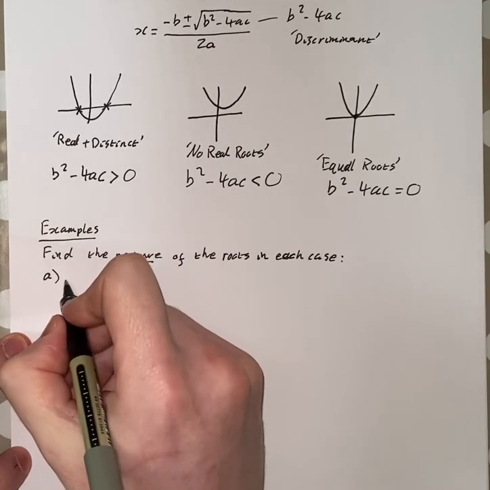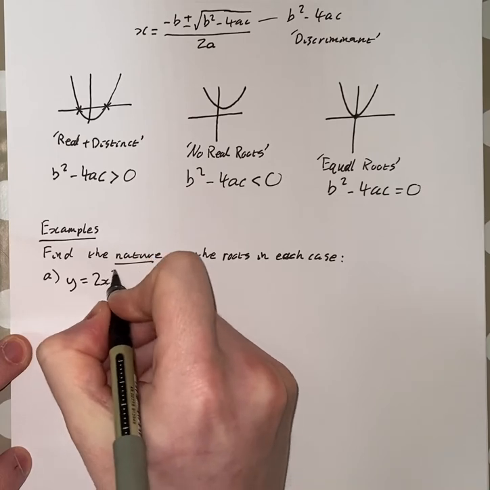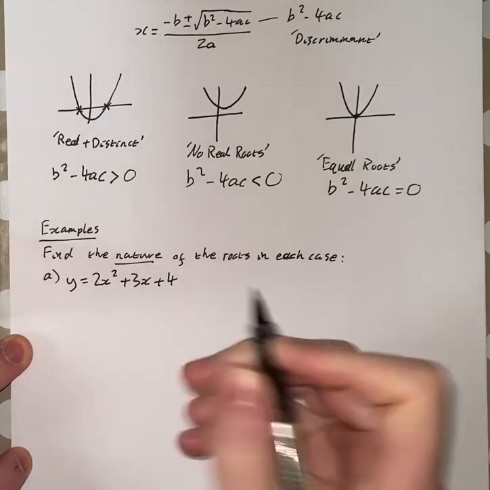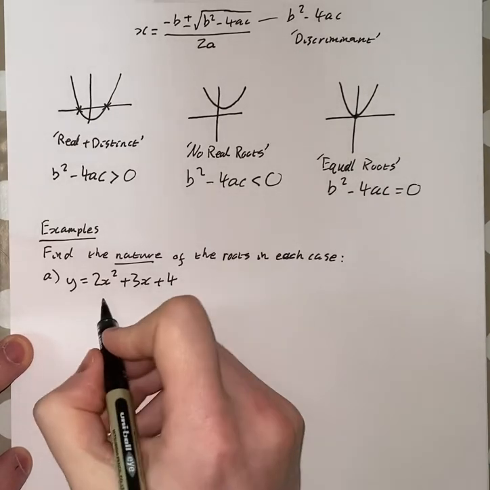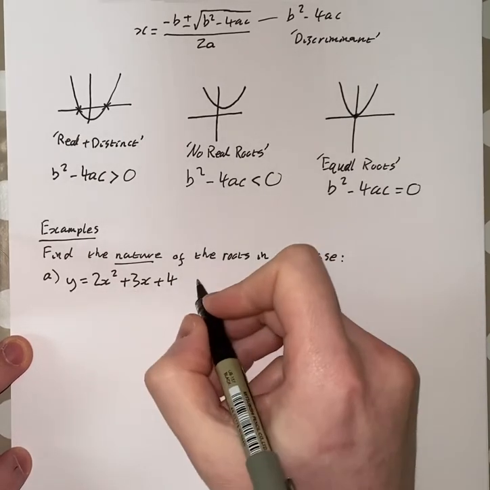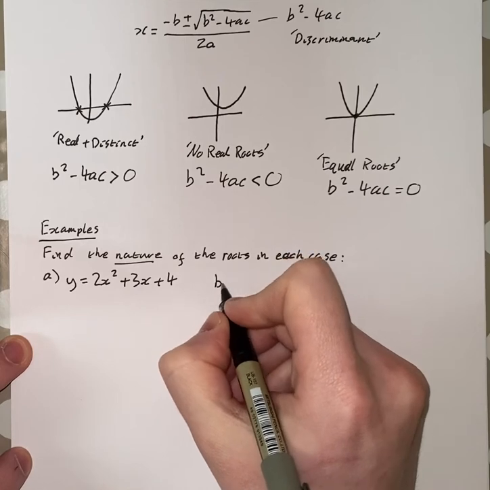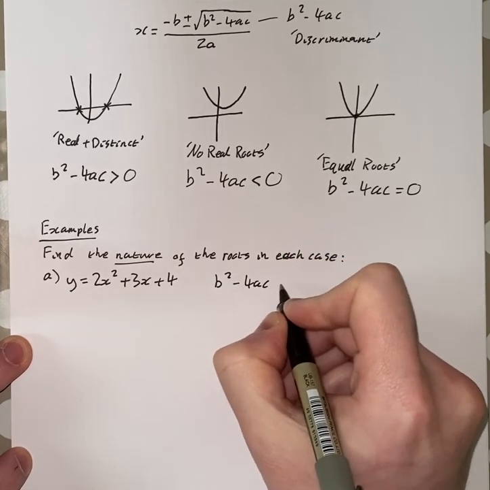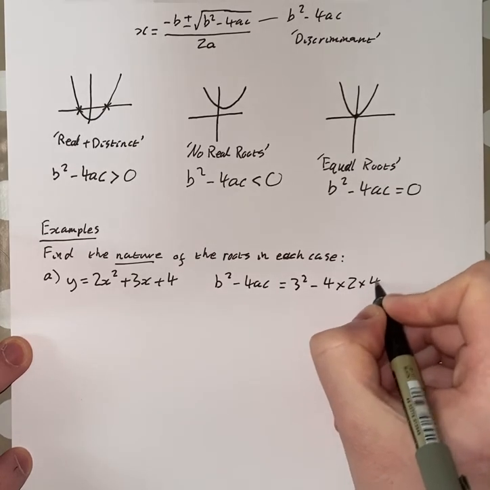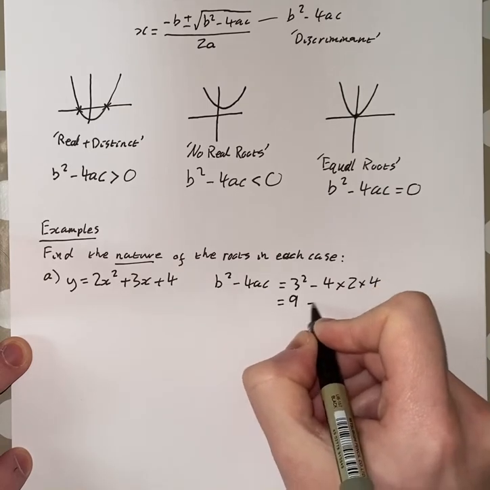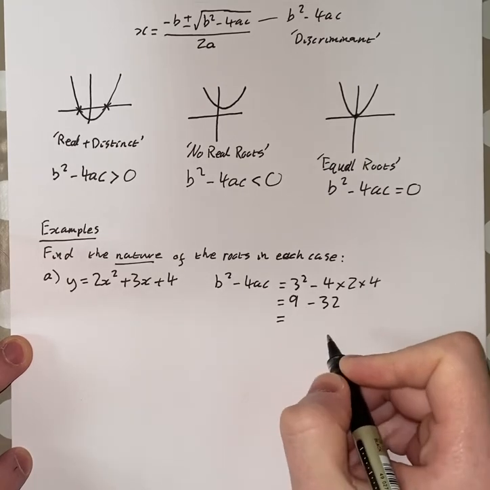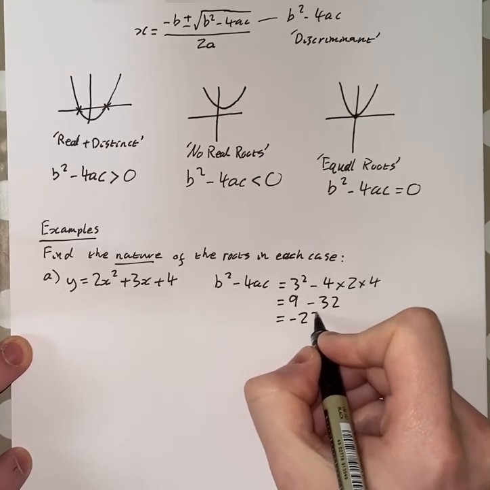So the first one we're going to look at is y equals 2x squared plus 3x plus 4. Remember from our last lesson on the quadratic formula, a, b and c are 2, 3 and 4 in that order. So b squared minus 4ac is going to be 3 squared minus 4 times 2 times 4. 3 squared is 9, 4 times 2 is 8, times 4 is 32. 9 minus 32 is negative 23.